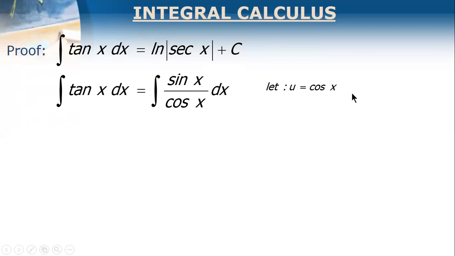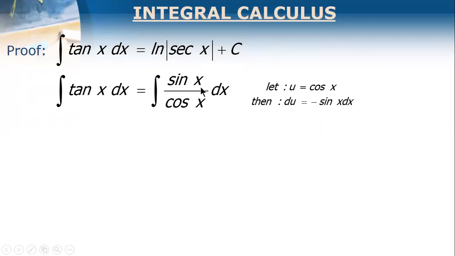Why cosine x and not sine x? Because if you use sine x, the derivative of sine x is cosine x dx, but our cosine is in the denominator, so it's not good. Instead, we'll use cosine x, so that when we differentiate u, the result is negative sine x dx.